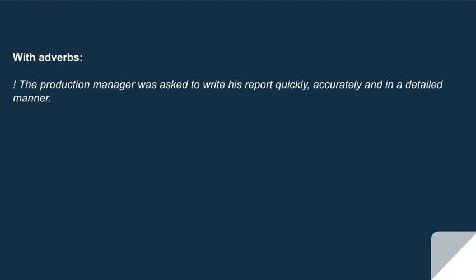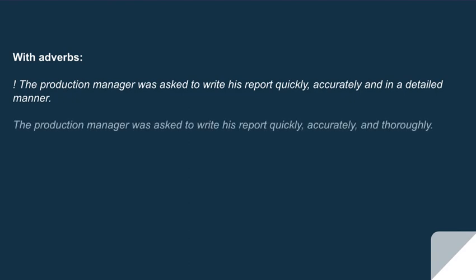You can take a second to pause it and try to think of the best way to write or paraphrase this sentence. You can put us on pause, that works too. And here's a better way of writing it. The production manager was asked to write his report quickly, accurately, and thoroughly.